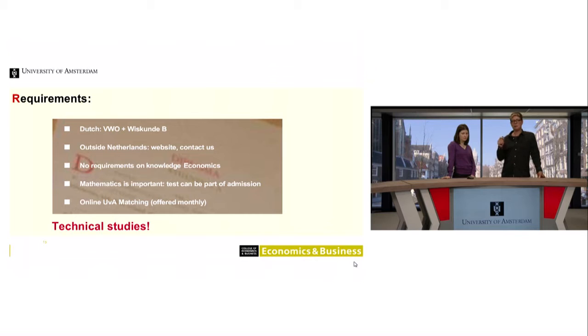You get clips and presentations online, and after the week you will get a test on mathematics, just practical, just to see where you stand, and a small test about the specific econometrics part that we offer.